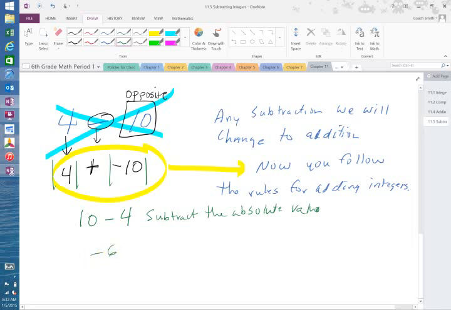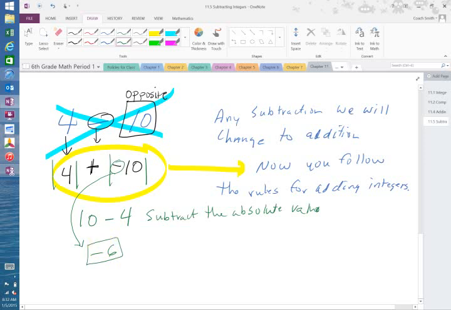Which has the larger absolute value, 4 or negative 10? Negative 10 has the larger absolute value, so we keep the negative sign and bring it down into our answer. And so our answer is negative 6.